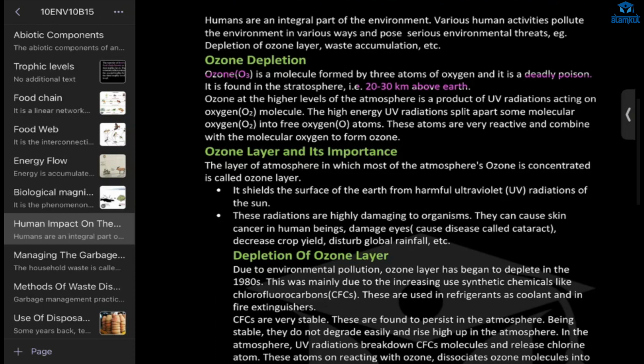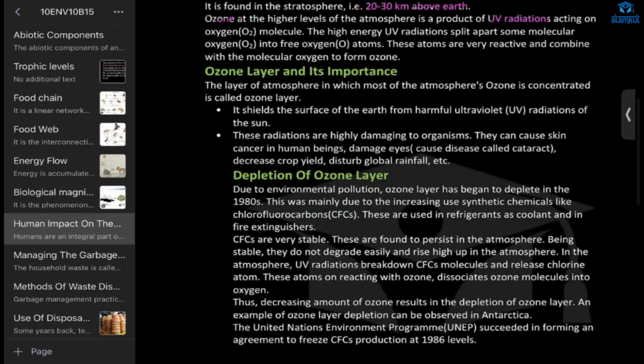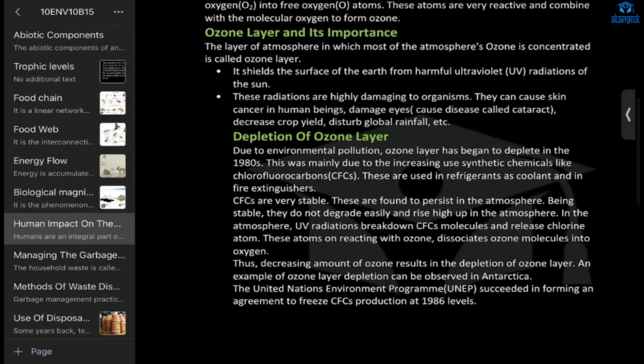What does it do? It absorbs the UV radiation coming from the sun. Its importance is that it shields the surface of the earth from harmful ultraviolet rays. What does this radiation cause? Skin cancer, it damages eyes, and it also decreases crop yield and disturbs global rainfall.